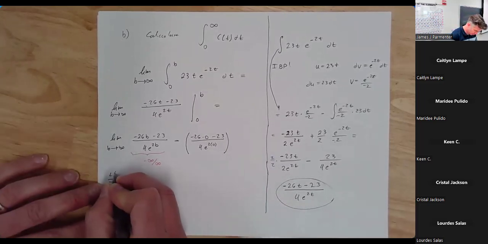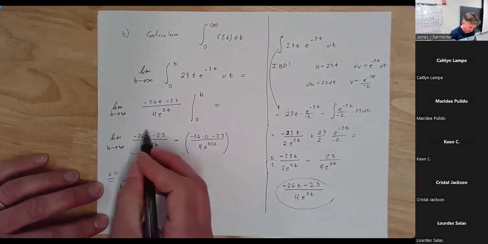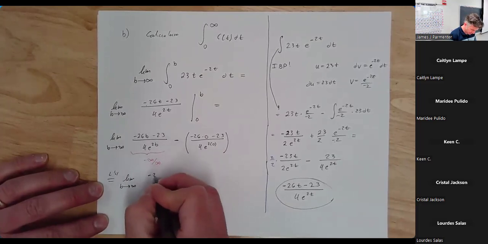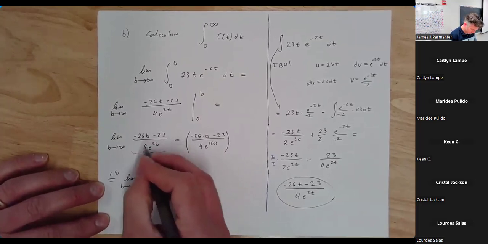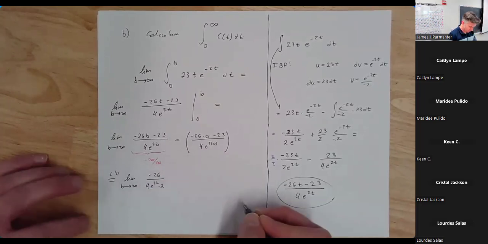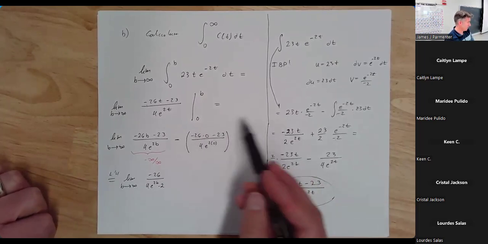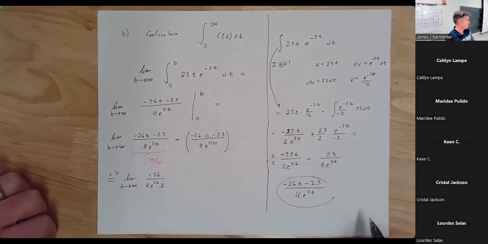So using L'Hopital's rule, we get the limit as b goes to infinity. The derivative of the top part is negative 26. The derivative of the bottom part is 4e to the 2b times 2. This part over here is just a constant. We're leaving it alone, but we are going to add it on. It doesn't just go away.